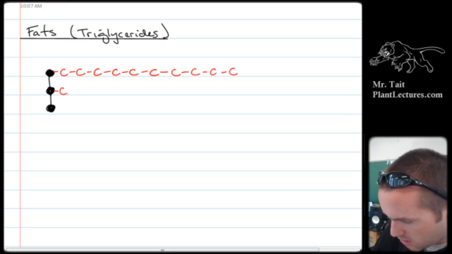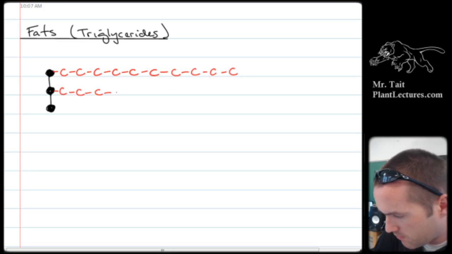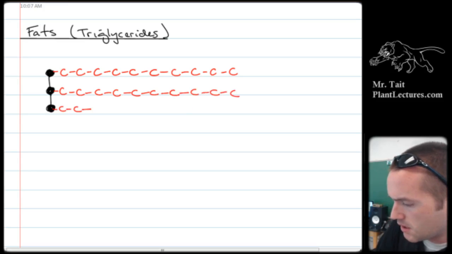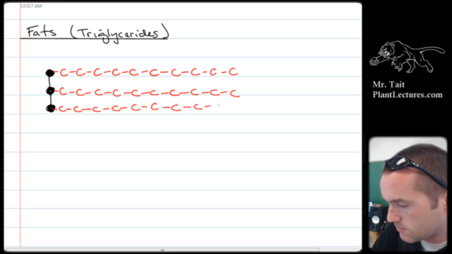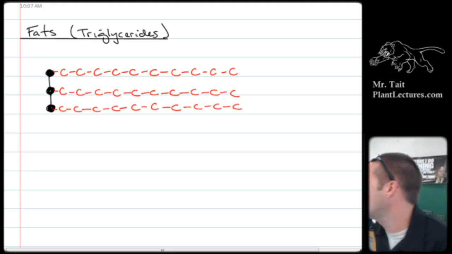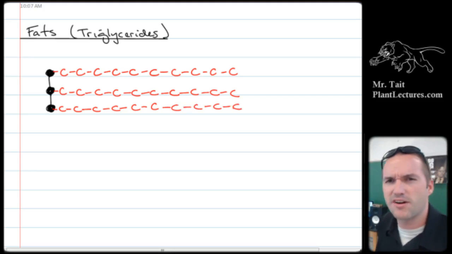I'm just doing 10 carbons here. It's actually pretty small for a fatty acid. Generally speaking, we expect these to be somewhere between 15 and 30 carbons per tail. So even more energy dense than this one that we're talking about. But this is going to be fine for now.